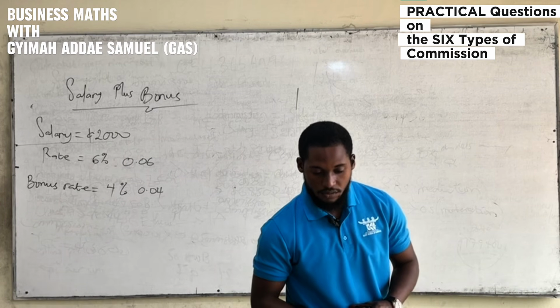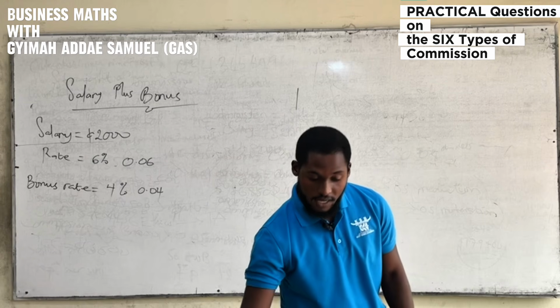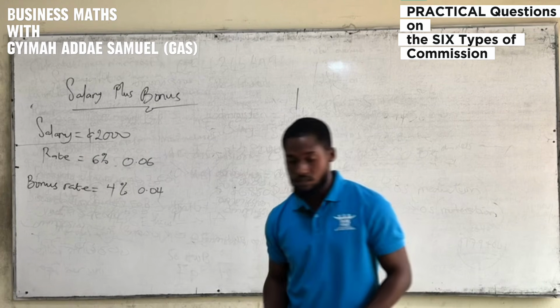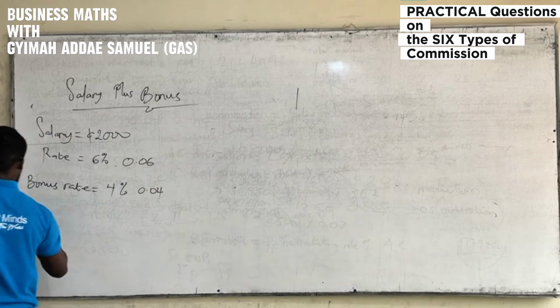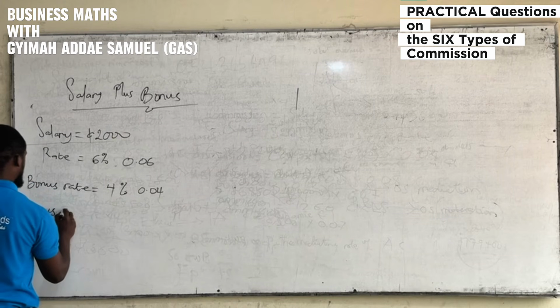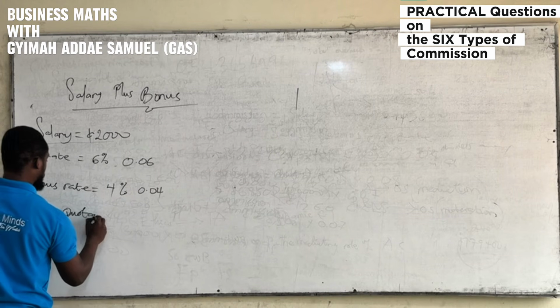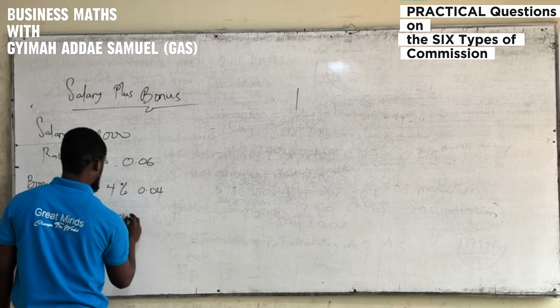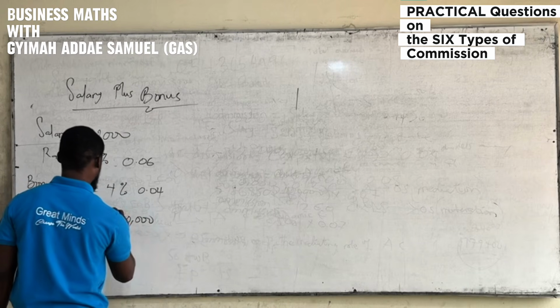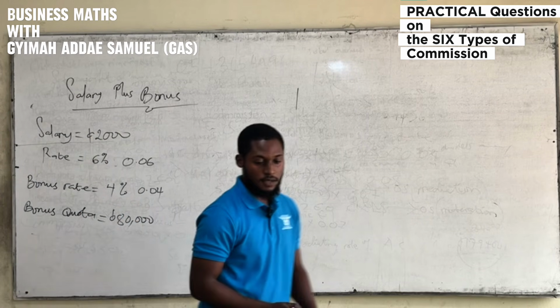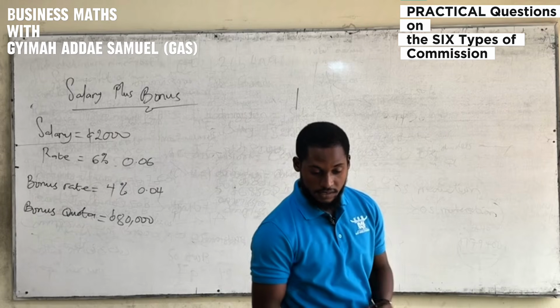Above 80,000, so the bonus quota here is 80,000 Ghana cedis.